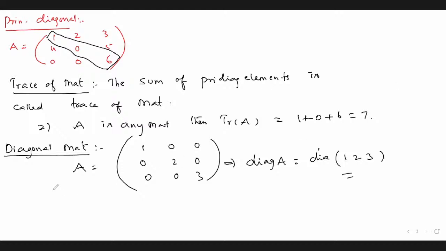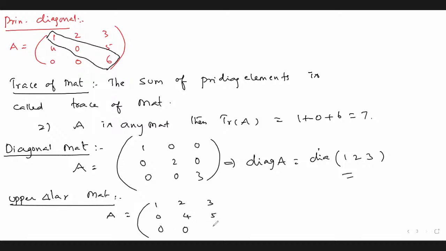Now, upper triangular matrix. In a square matrix in which the elements below the principal diagonal are 0, observe here 1, 2, 3, 0, 4, 5, 0, 0, 6.